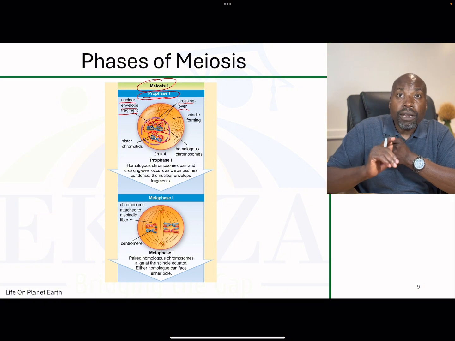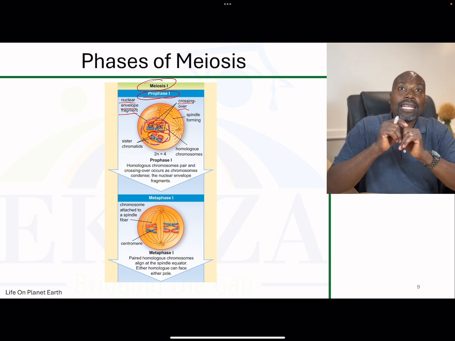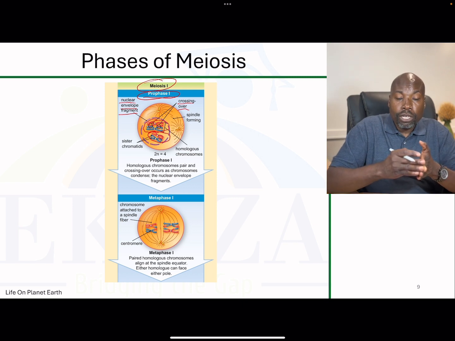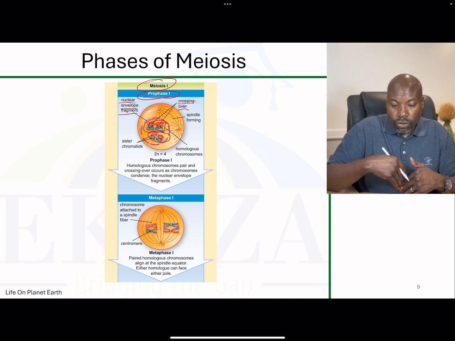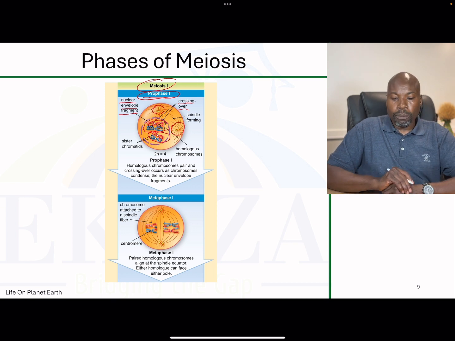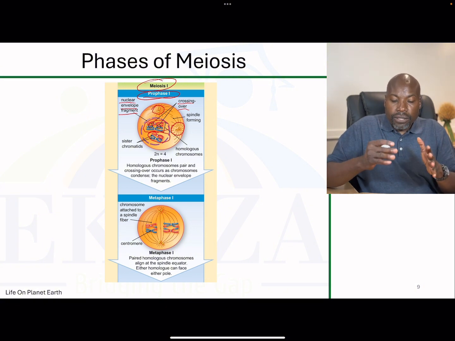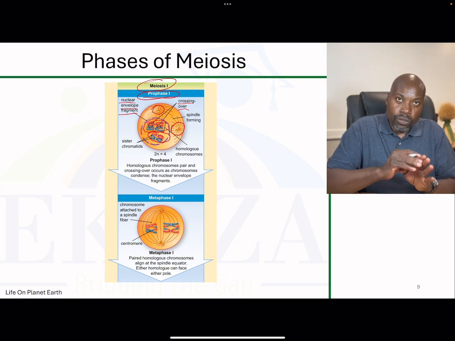The spindles are forming, and the spindles are nothing but microtubules that are going to grow out, right, toward the kinetochores, okay? The centrioles are going to move in opposite directions, until these spindles attach to kinetochores.